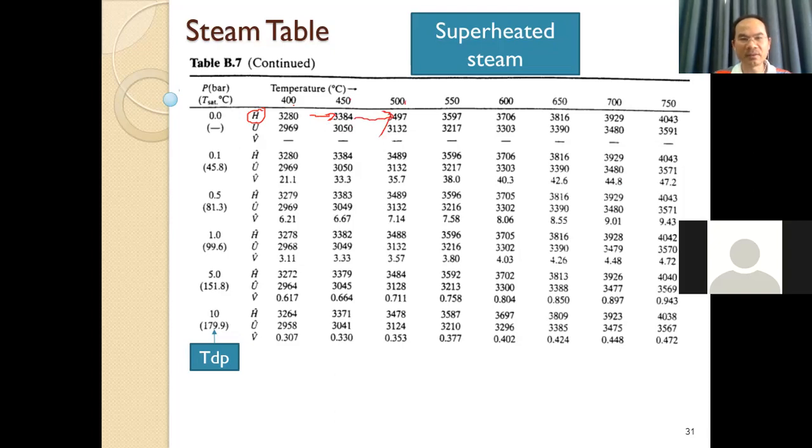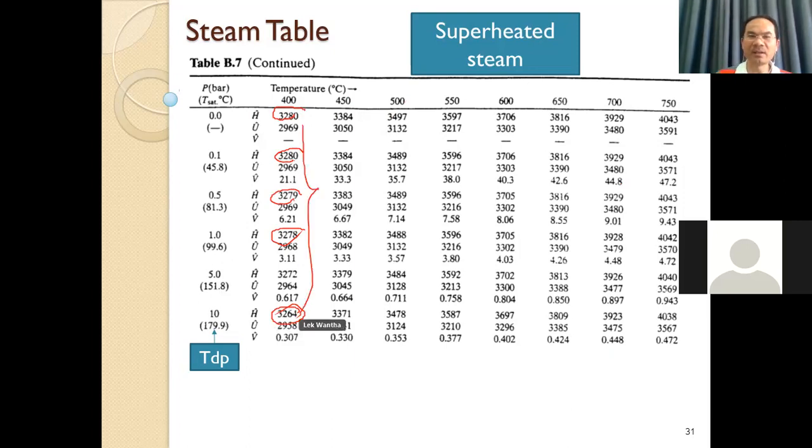That's right, changed strongly. If you compare the change in pressure, it's slightly different. From 0.1 it's 3,200-something, at 0.5 it's 3,279, and at 10 it's 3,264. It's slightly different.